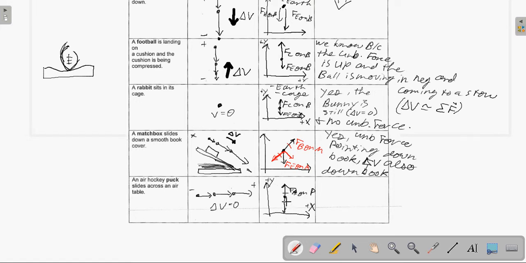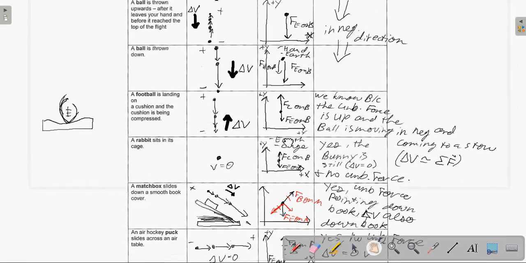These two are the same, and this is force Earth on puck. Sorry about the handwriting. And so, do they correspond? Yes, because there's no unbalanced force, and delta V equals 0. Okay? And there you have it. And so that's how you solve this.